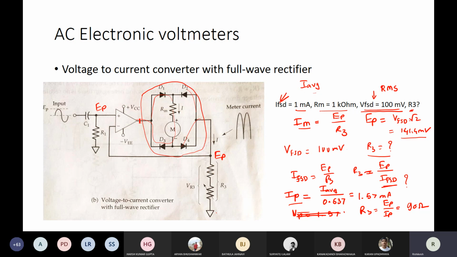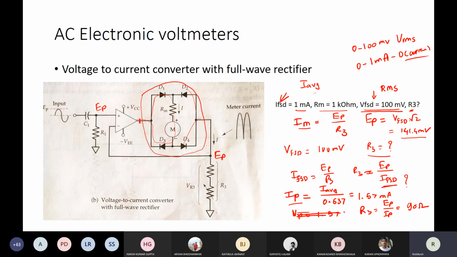What have we achieved? We have achieved 0 to 100 millivolt VRMS measurement in terms of 0 to 1 milliampere DC current, right? Because the PMMC meter is DC.